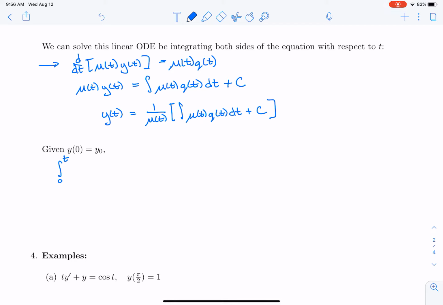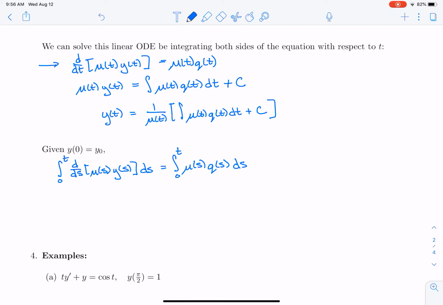I'm not going to write d/dt because I need another variable there, so I'm going to write it as d/ds of mu(s) y(s) ds, and that's going to equal the integral from 0 to t of mu(s) q(s) ds. I'm integrating both sides using a definite integral this time because I have this initial condition I can work with.